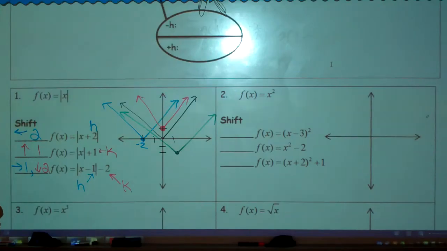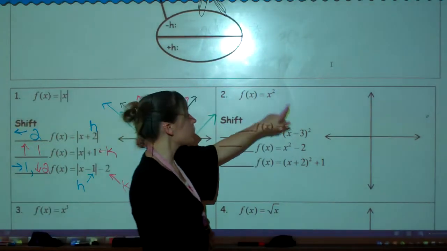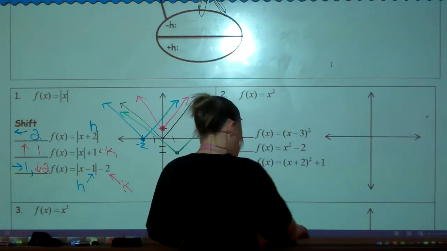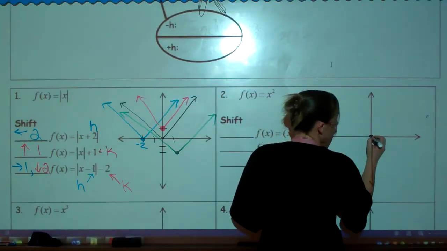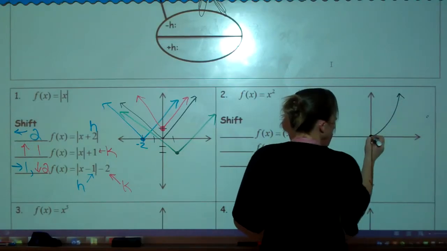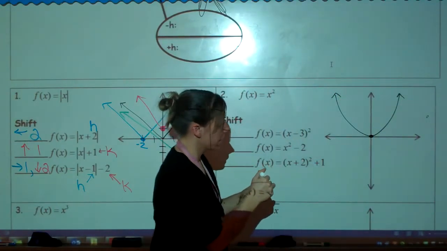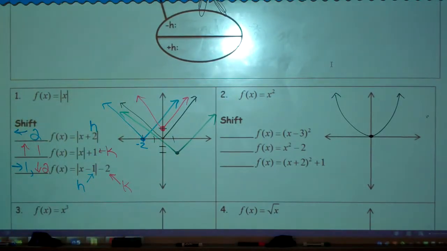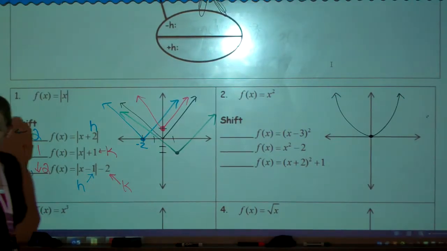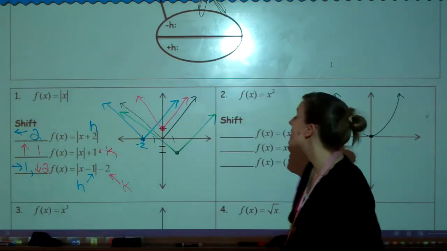Okay? So, same idea for number 2. We've got x squared. Well, if you look at your flashcards, x squared is just the general U shape. It's called a parabola. Okay. All right. It's just a general parabola.